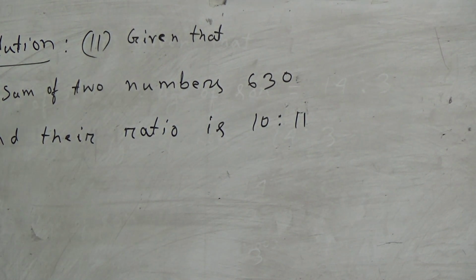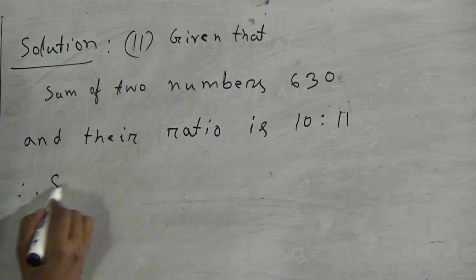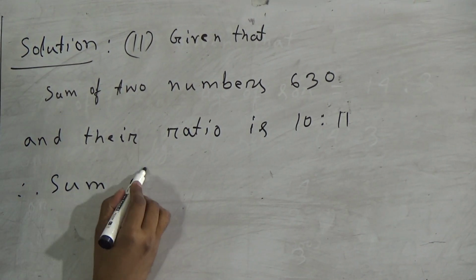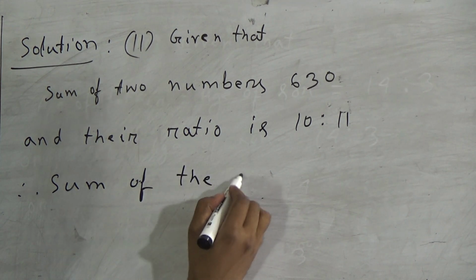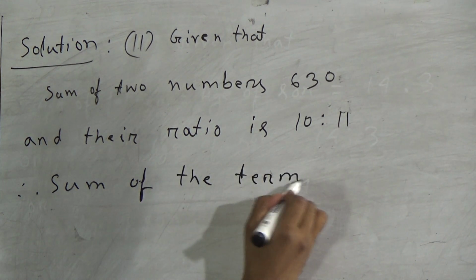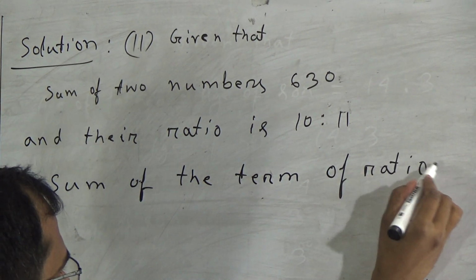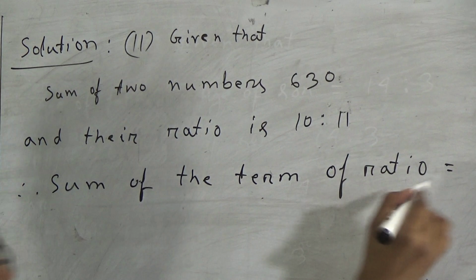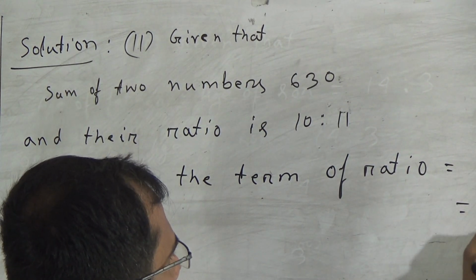Now we'll find out the sum of the terms of ratio. Therefore, sum of the terms of ratio is equal to 10 plus 11. 10 plus 11 is equal to 21.